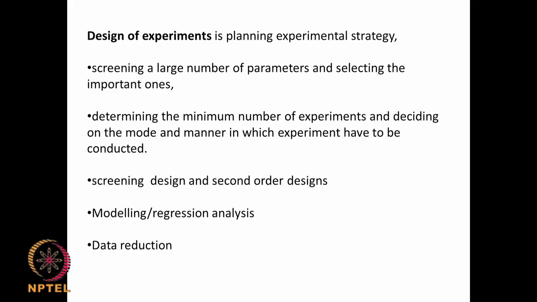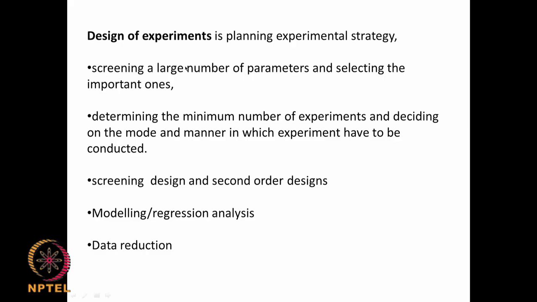The second part of my talk, I said, is called design of experiments. This is planning experimental strategy. One strategy I told you before: instruments which will have less error, assay methods which will have less error, operators who are trained very well. Okay. In addition, you need to consider other factors also, and that is what we are going to talk about in design of experiments.